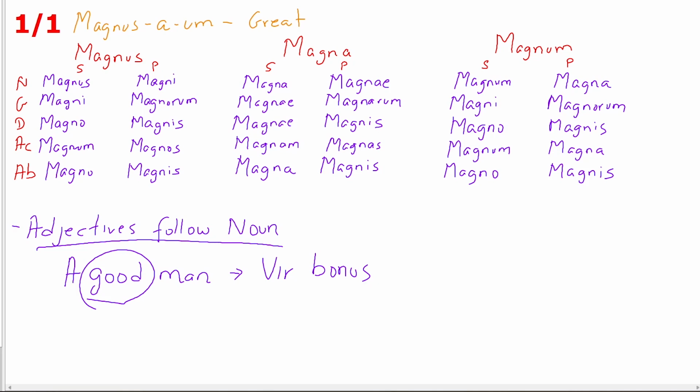Now, if you want to stress that something is very serious, something is very important, only in those cases will the adjective come before the noun. Let's take an example.